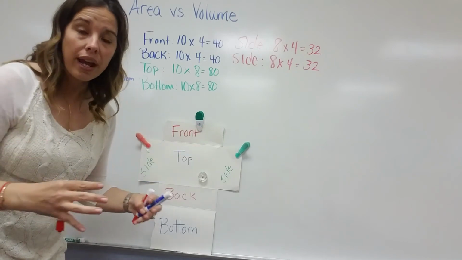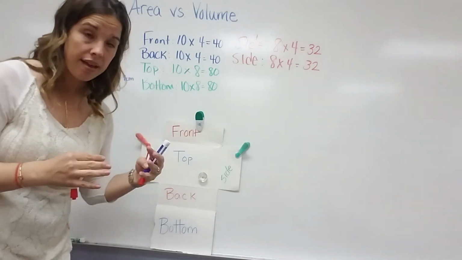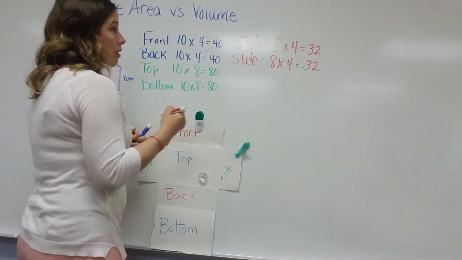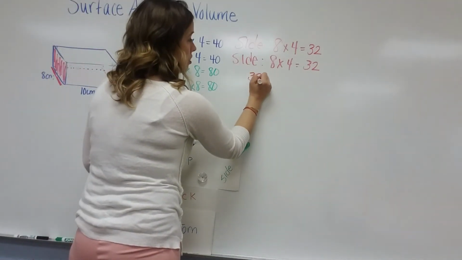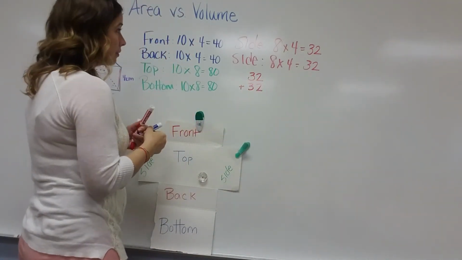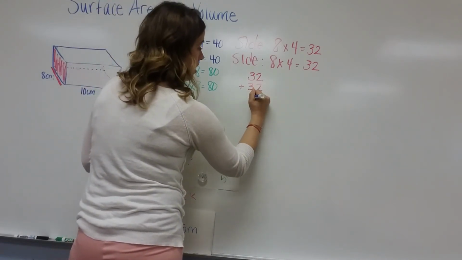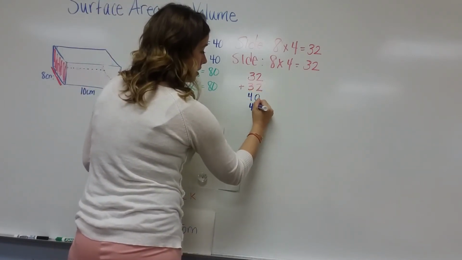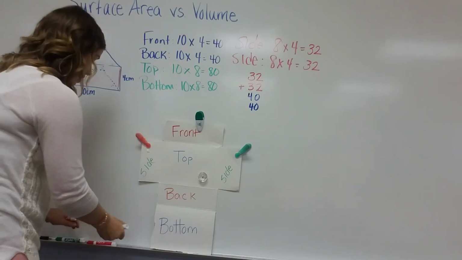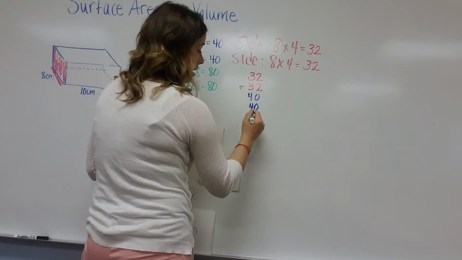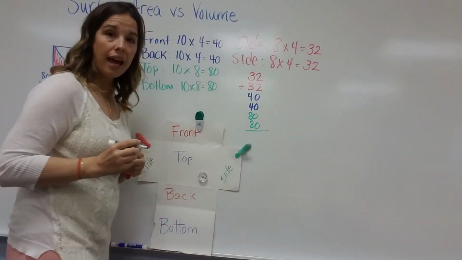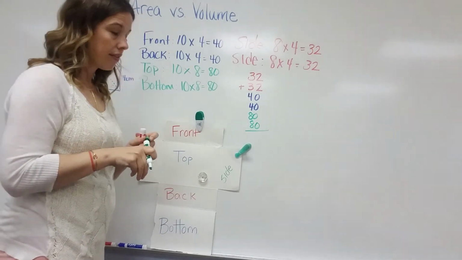Now to find the total area of it, or the total surface area, we gotta add all the areas together, okay? So we're gonna take 32 plus 32, plus 40 plus 40, okay? Then we're going to take it plus 80 plus 80, and we're going to add those all together to get our surface area, okay?